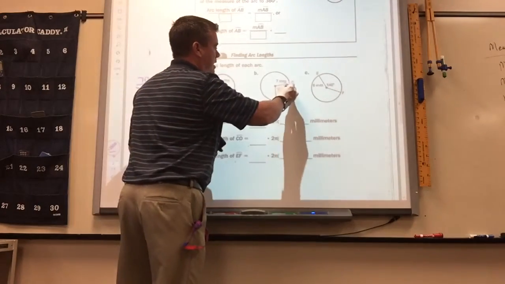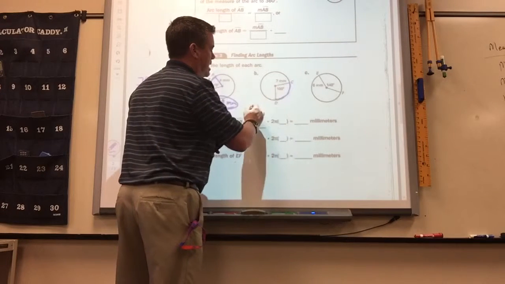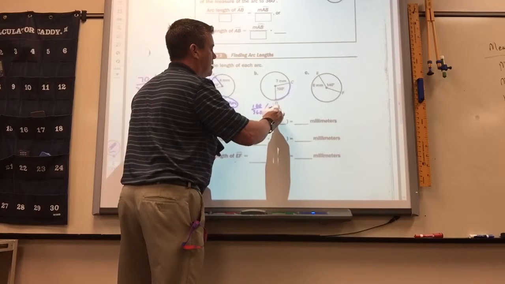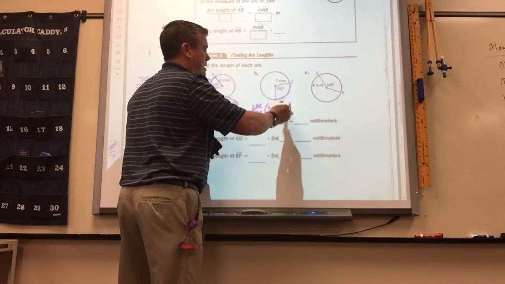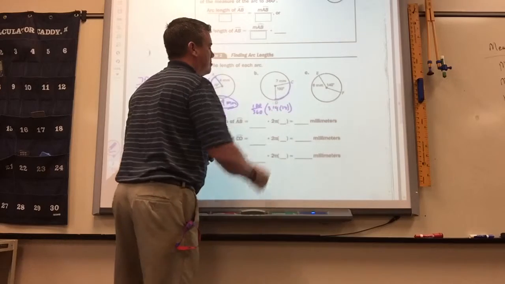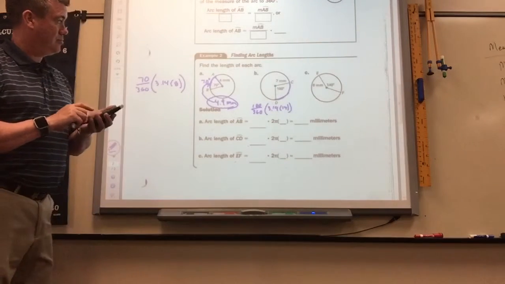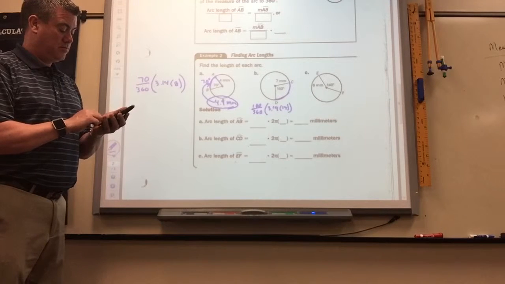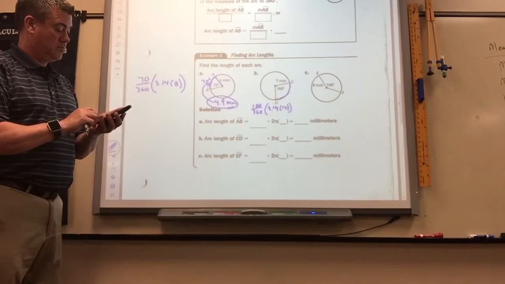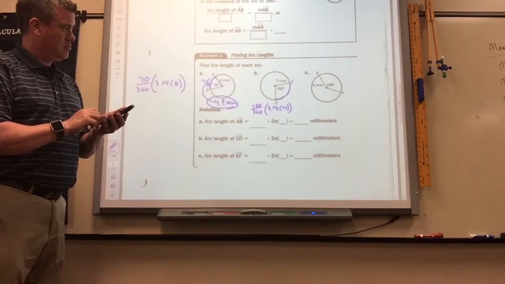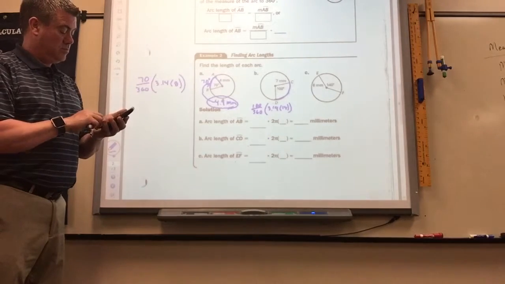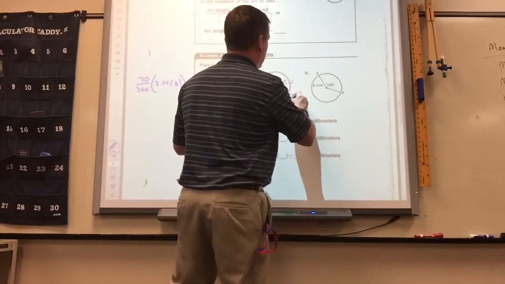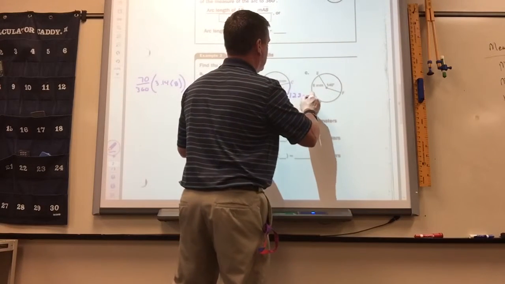So this one, it's 100 degrees, so we would take 100 out of 360 times pi times the diameter, which would be 14. So this would be 12.2 millimeters.